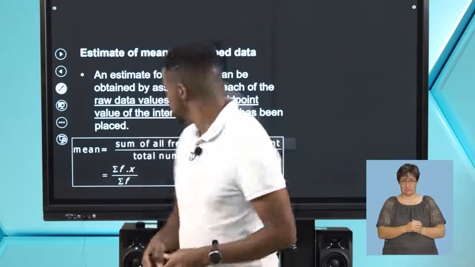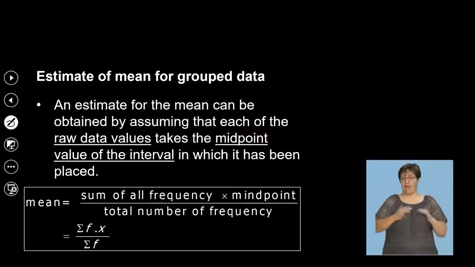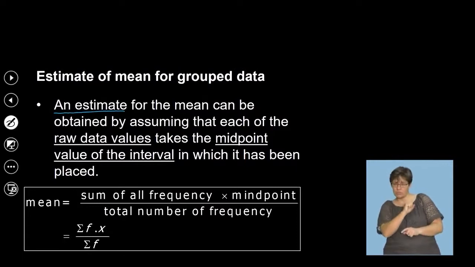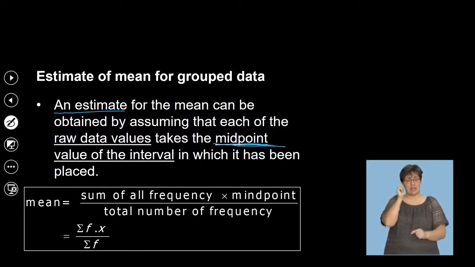Okay. So to do that, an estimate for the mean can be obtained by assuming that each of the raw data takes the midpoint values of the interval in which it has been placed.